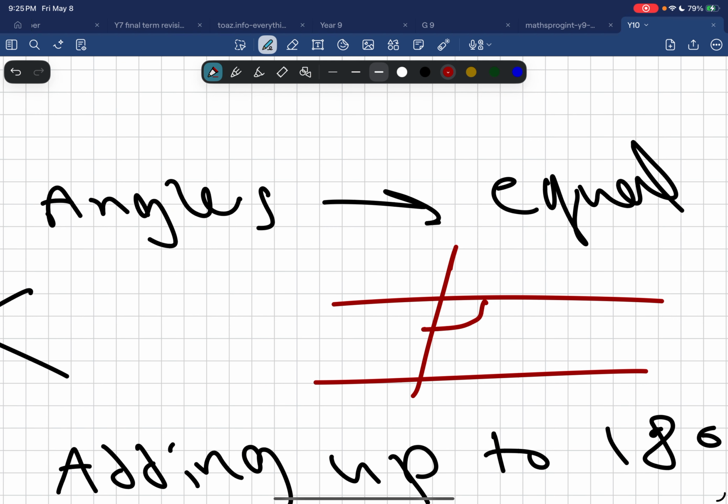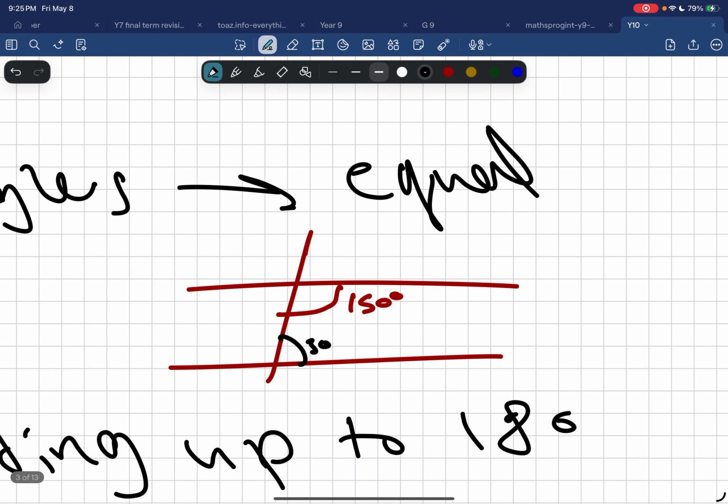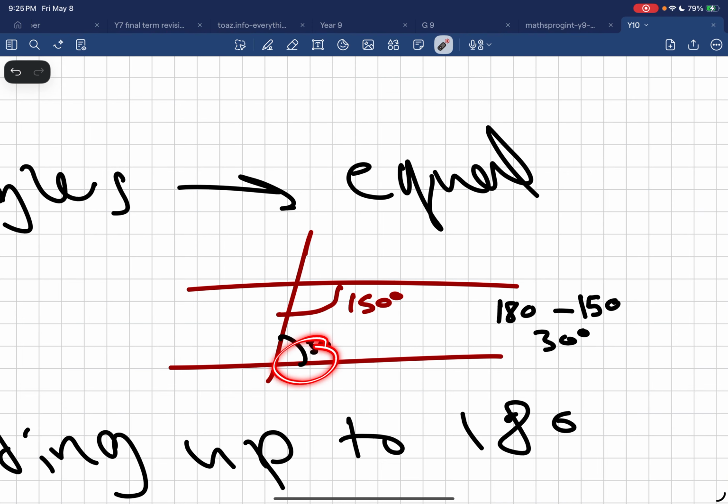If I have this angle, which is 150, I will know for a fact that this angle is 30 because these 2 are co-interior. So if I know 150, all I'm going to do is take away 150 from 180, giving the value of 30, which is for the other co-interior angle.